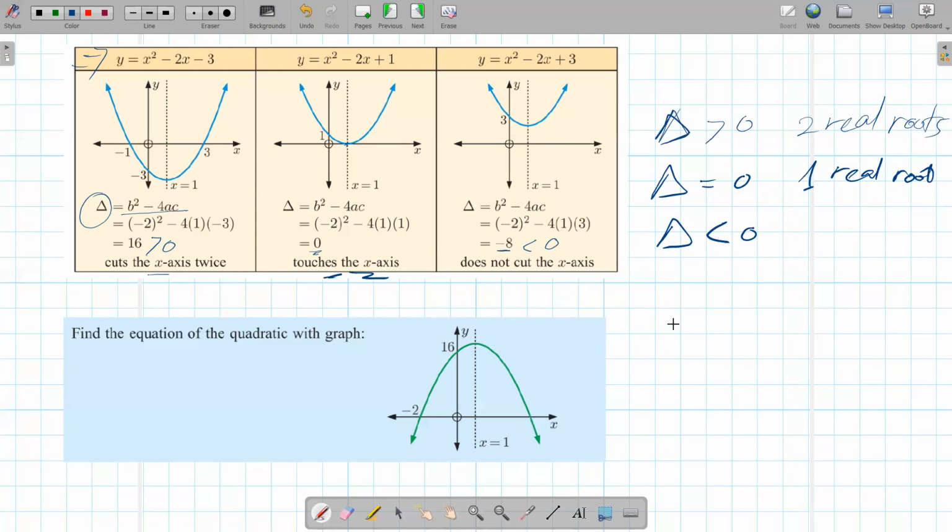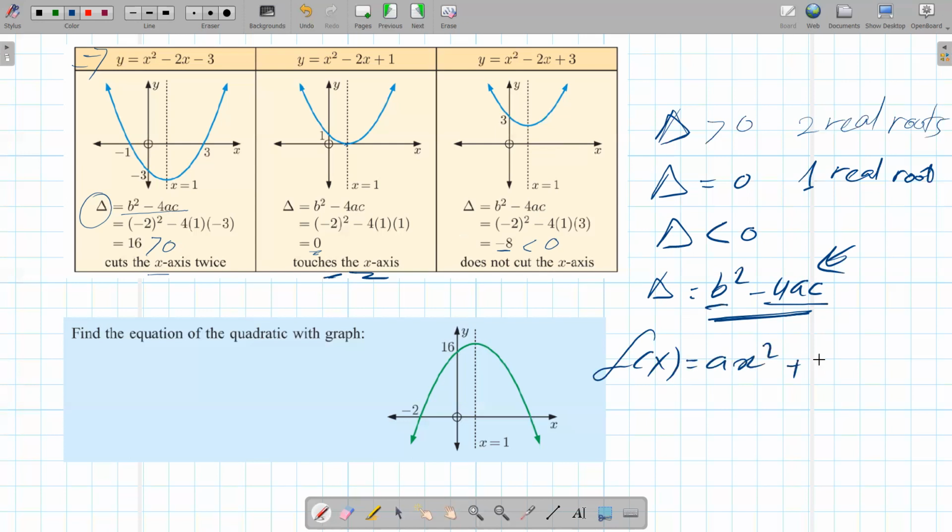And delta is represented by a specific rule, which is b² - 4ac. You need to save this rule. b² - 4ac came from the standard form of the quadratic equation, ax² + bx + c. Got the idea? This is A, this is B, and this is C. Got the idea?